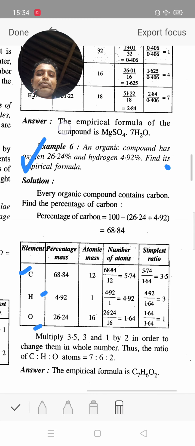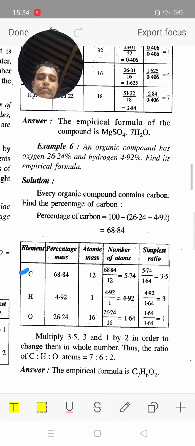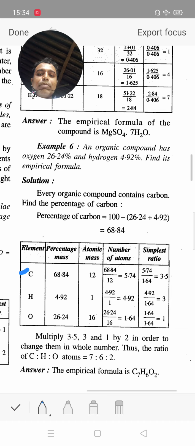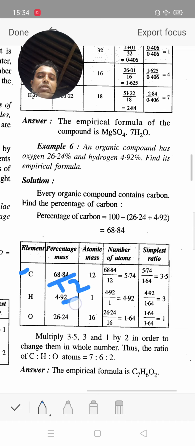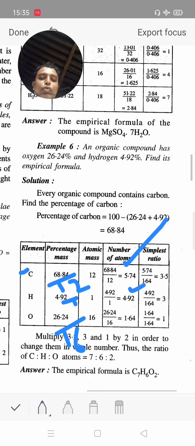Now first the elements carbon, hydrogen and oxygen. Look in the table. Their percentages: carbon 68.84, hydrogen 4.92, oxygen 26.24. Percentage mass upon their atomic mass, that is carbon 12, hydrogen 1, oxygen 16. Then 68.84 upon 12 is equal to 5.74. 4.92 upon 1 gives 4.92.